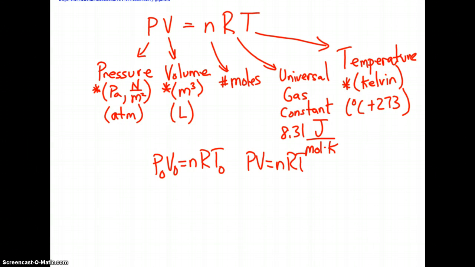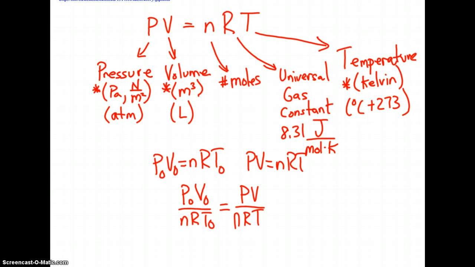If we wanted to compare them, we could put nRT in the denominator of both sides, so you'd have P0V0 over nRT0, and if you're comparing that to some final state, you can now say equals PV over nRT in some final state.